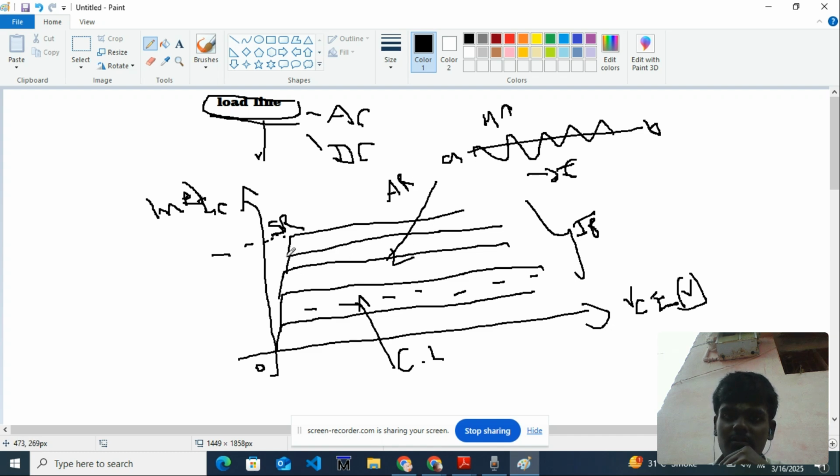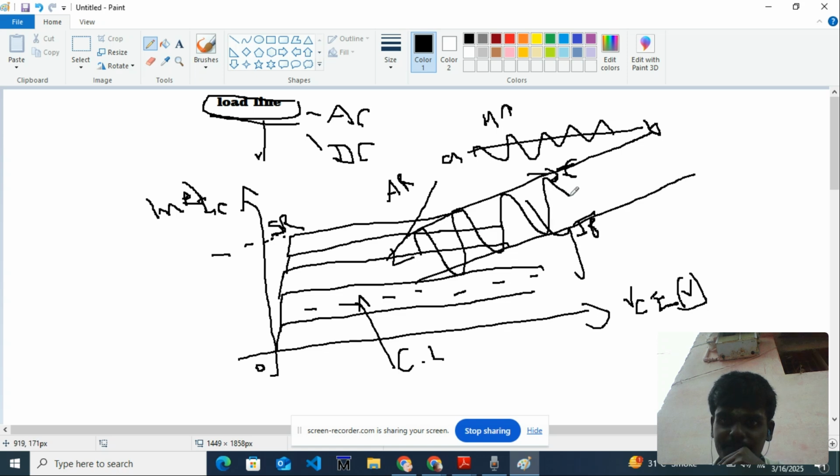In this active region only, we measure the load line. It's most preferred because the active region is between the center of these two. If we draw the curve straight, you can easily measure each node, positive, negative, and so on. It's easiest to measure and find out the graph of a sinusoidal waveform.